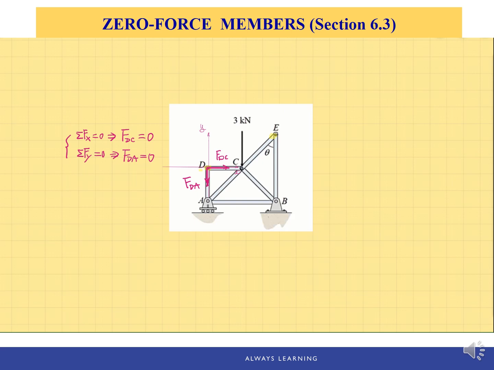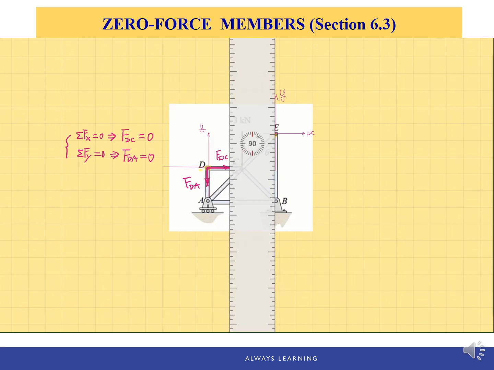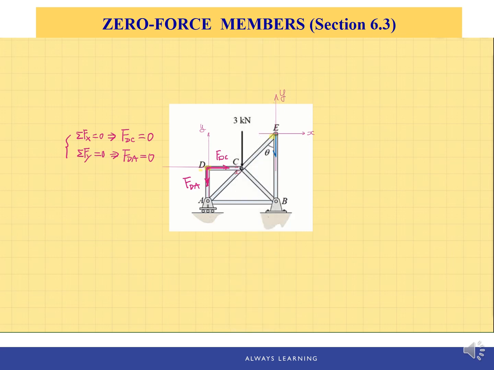Let's take a look at E. Set up the XY axis and then put the external forces on E. First, the EB member will exert a force on pin E. Let's assume it is also in tension, so it will pull away from pin E. Let's call that FEB.